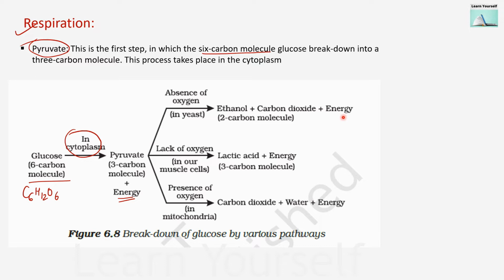The second type of process occurs once the 3 carbon molecules are generated when oxygen is less in our body, in our muscle cells. Then it gives us lactic acid, a 3 carbon molecule, and energy. This happens when an athlete is running and requires a lot of energy in a short period of time.